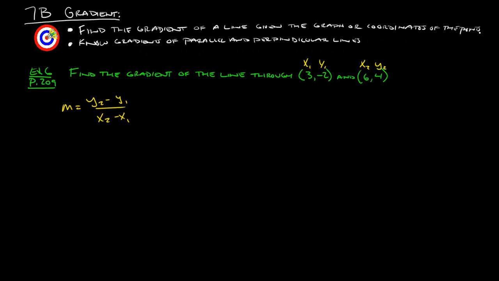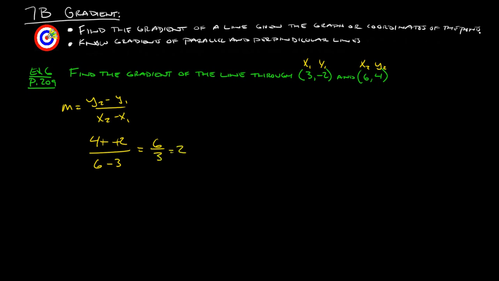Plugging in, we put 4 minus -2, all over x2 is 6 minus x1 is 3, so 6 minus 3. That turns into 4 plus 2, so it gives us 6 over 3, which is 2.